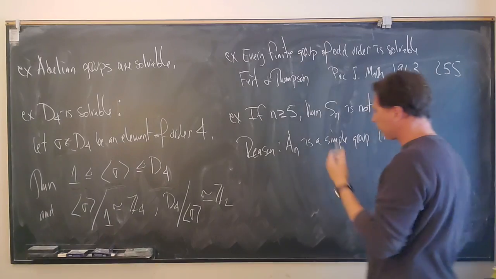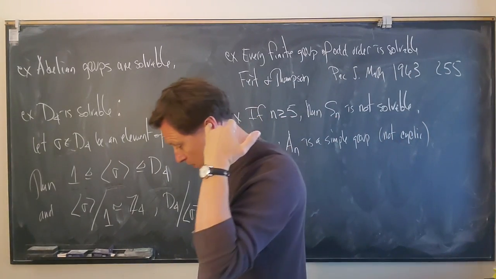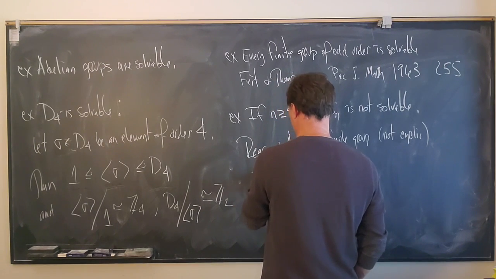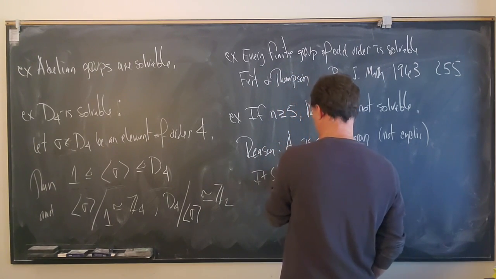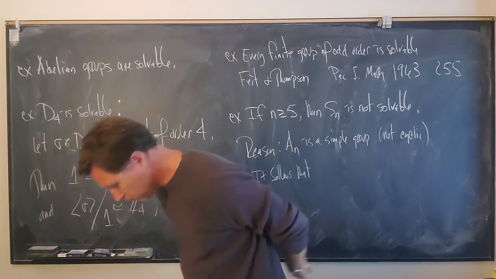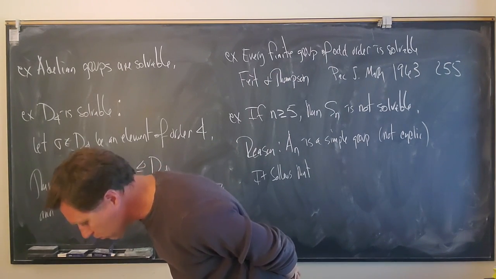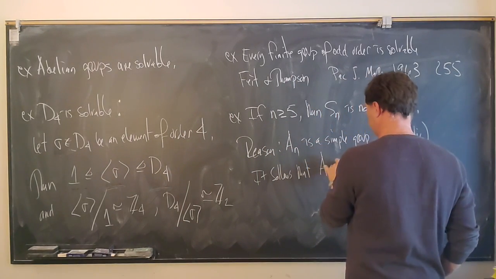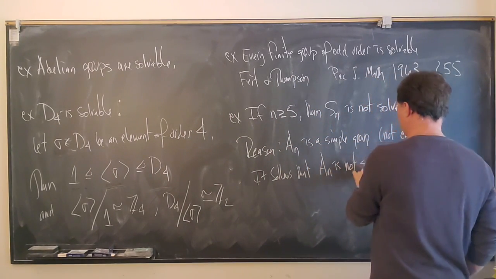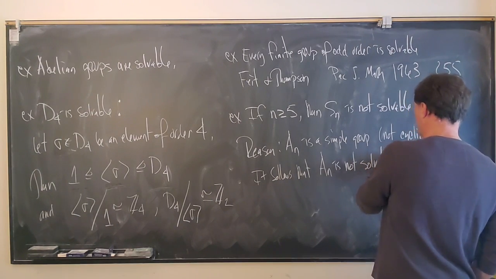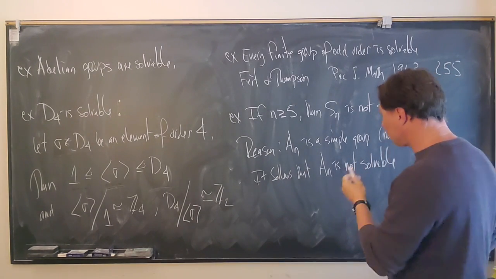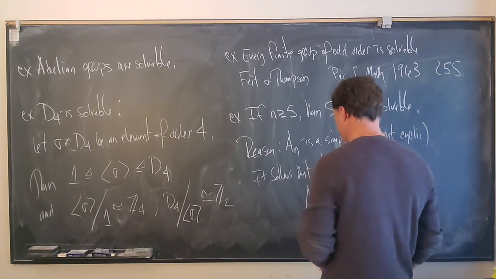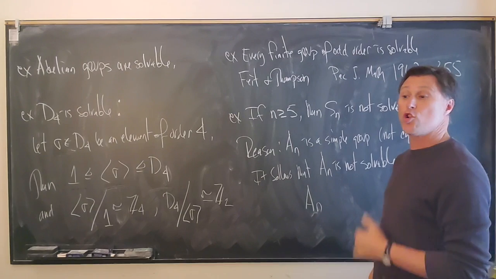It follows that A_n is not solvable. Since it's simple, it has no non-trivial proper normal subgroups.